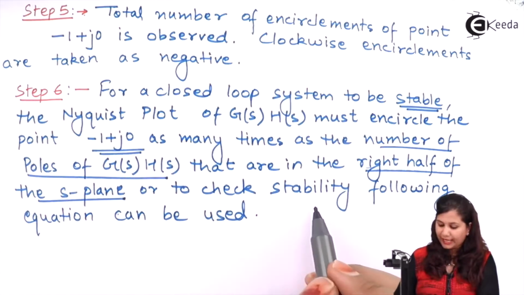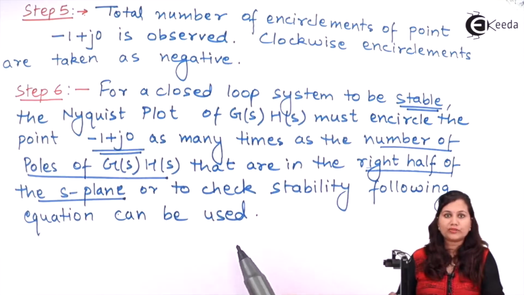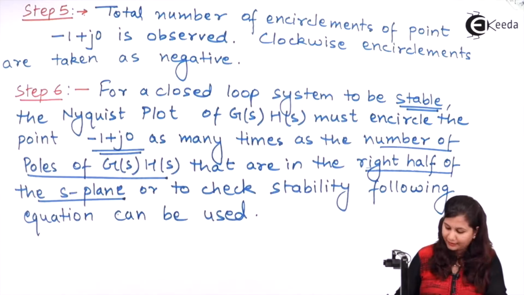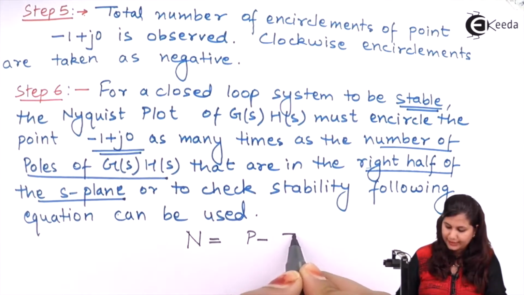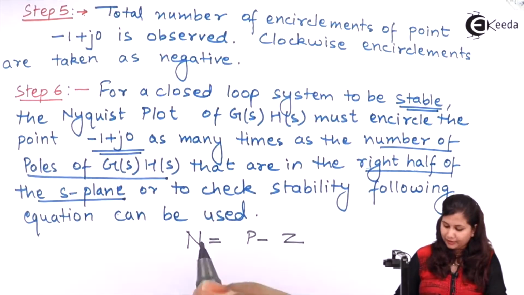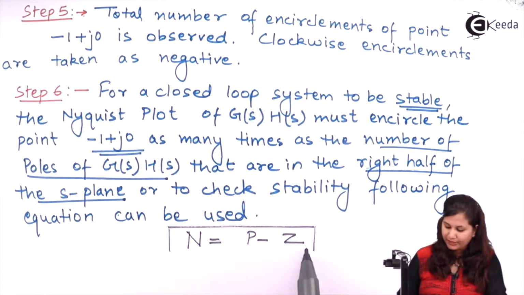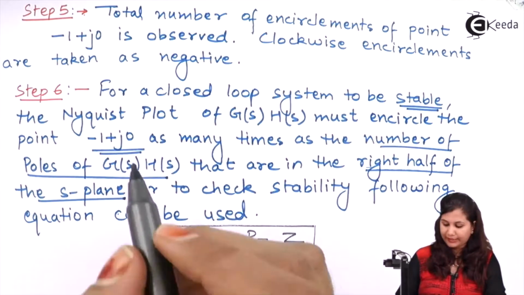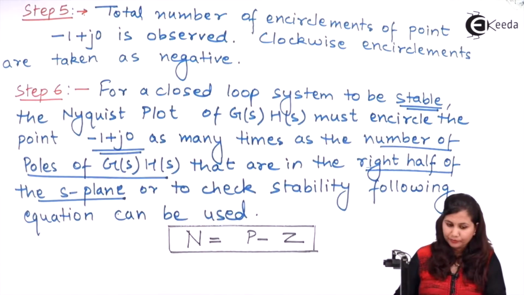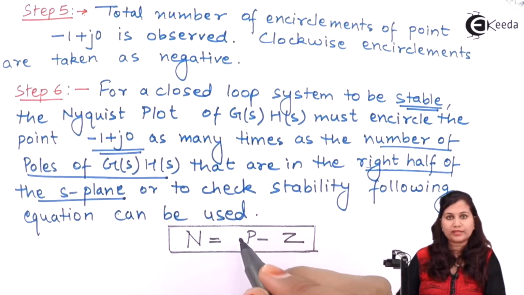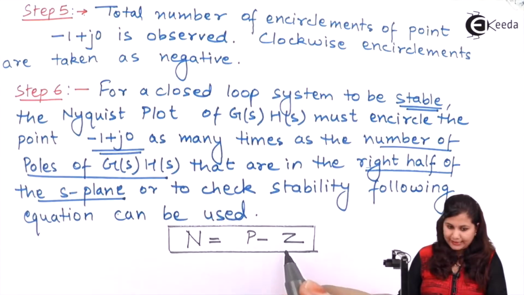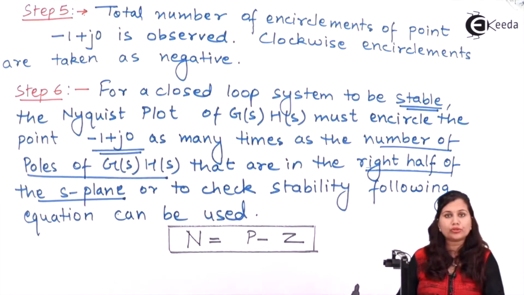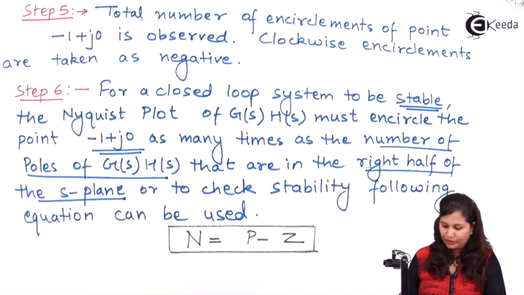Or we can say that there is an equation through which we can check the stability, and this equation is N equals P minus Z. Here N is the number of encirclements of the point -1 plus j0, P is the number of positive poles, that is, the number of poles lying on the right hand side of the s-plane, and Z is the number of roots of the characteristic equation.